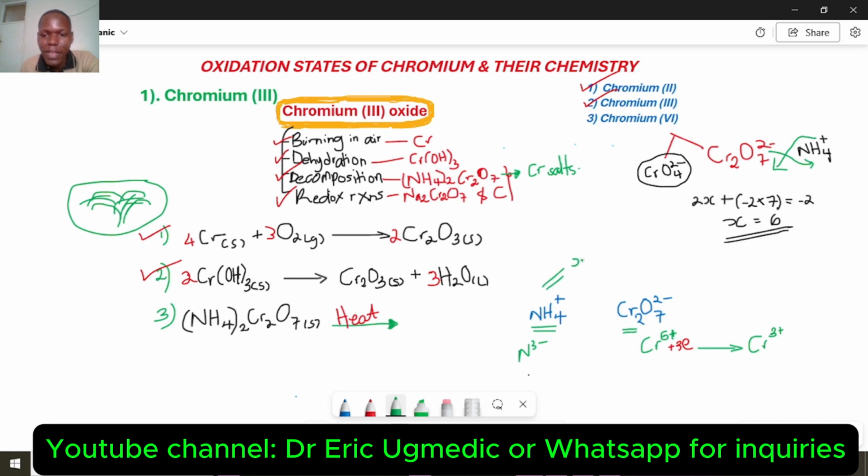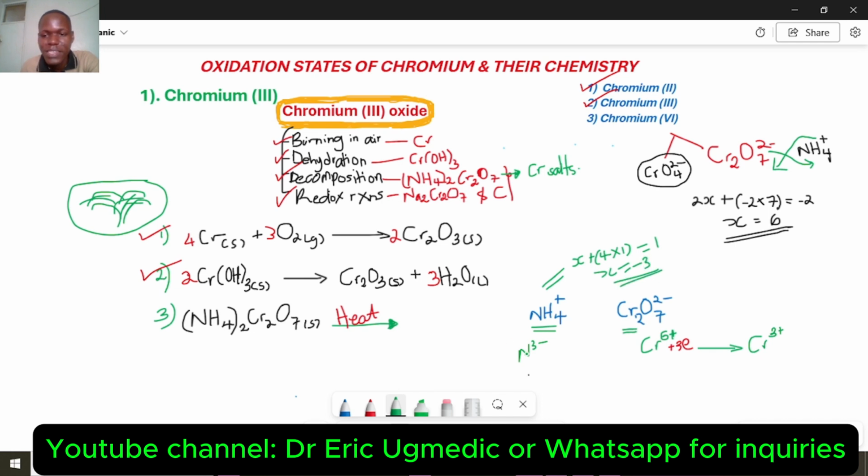How? If I have X for nitrogen plus 4 multiplied by the +1 for hydrogen, because each hydrogen ion carries a positive charge, and equate it to the overall charge here, which is 1, my X will be -3, and that will be the oxidation state.